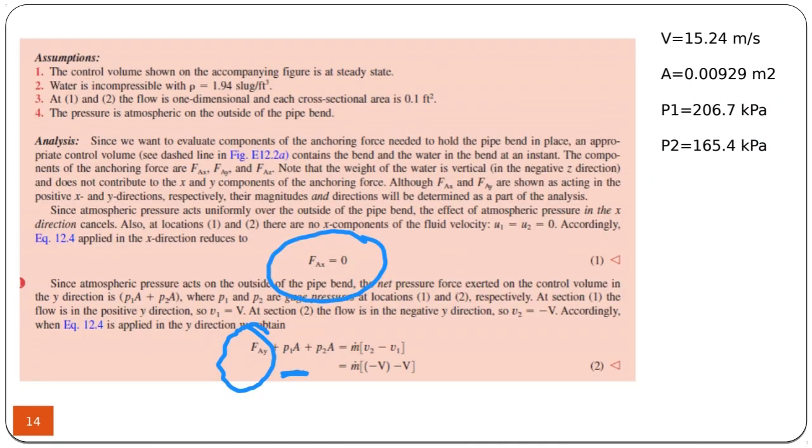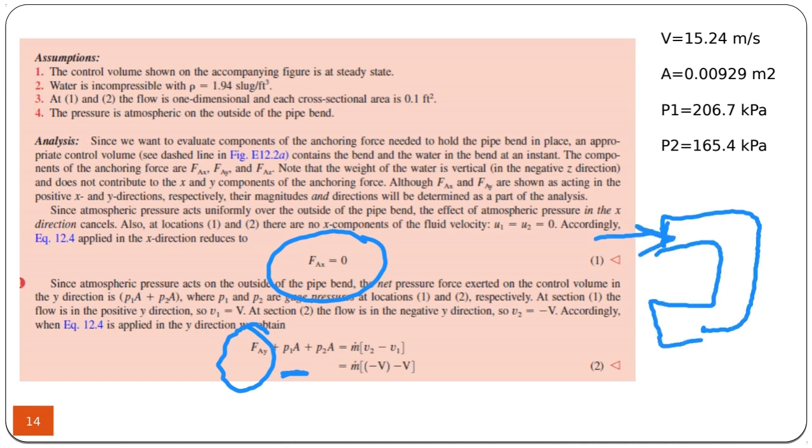Why? Because if you take a look at the elbow from above, this is the pressure force being applied on this surface. And even though the flow is in this direction, the pressure force is always taken as normal to the surface. So both of them are positive. So also the pressure force at the exit is positive.